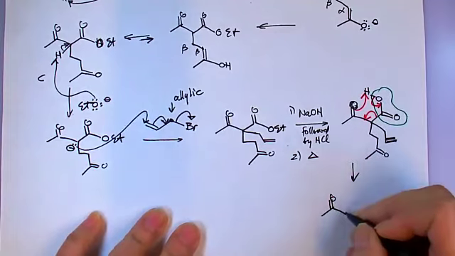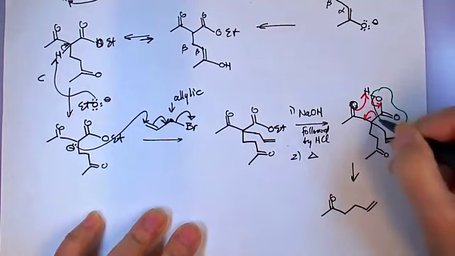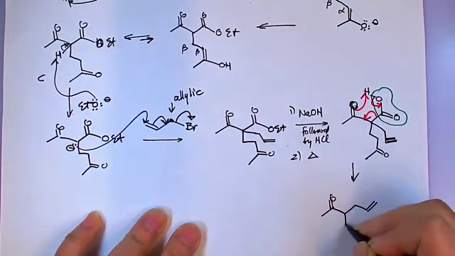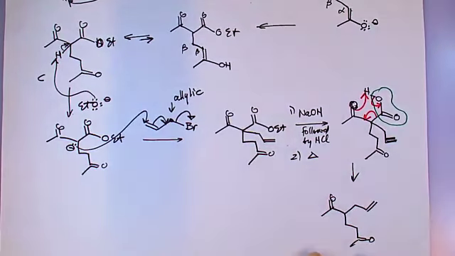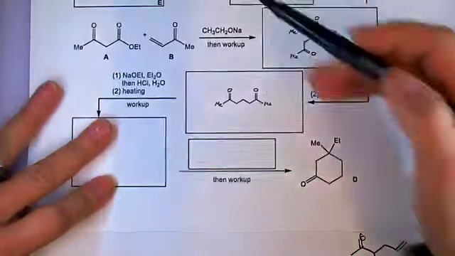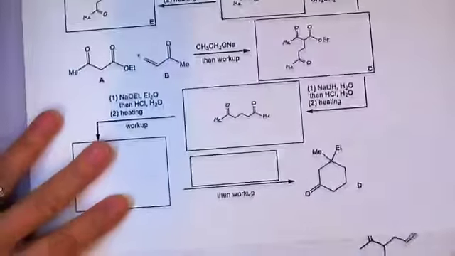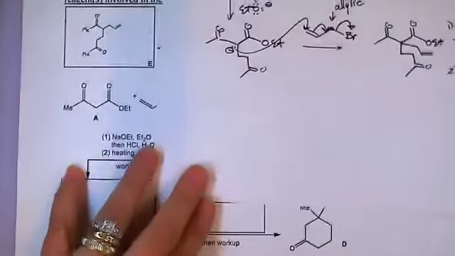This is gone, and now I'm going to write this group. And now down below, I'm going to just copy the same thing. And now this is product E. Hard to squeeze it in on one page.